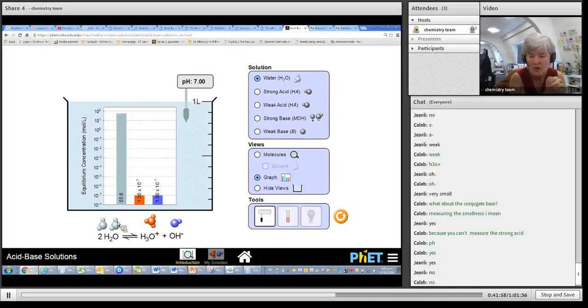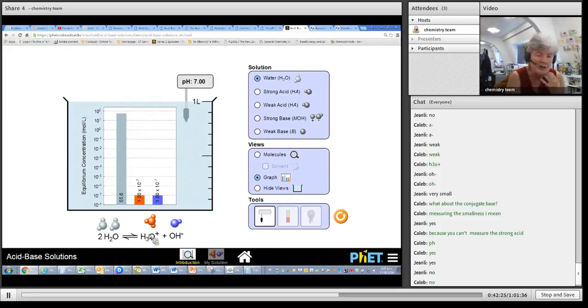No. So just like the solubility Ksp that we did, where we could just ignore the solid, we can ignore the water. So we can write an equilibrium constant expression of K equals the concentration of hydronium ions times the hydroxide ion concentration, and it'll always give you 1 times 10 to the minus 14.